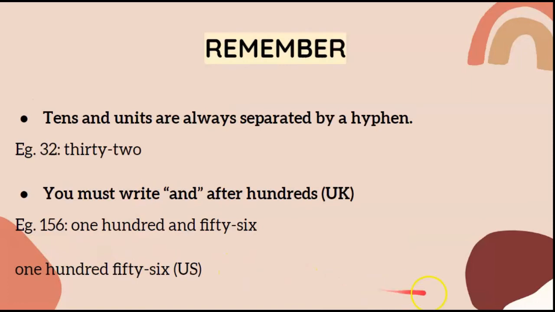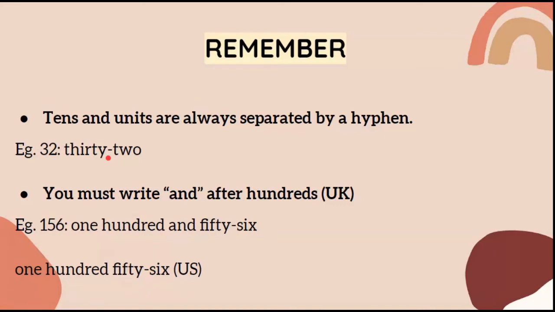Some things to remember now about this. It's important to know that tens and units, so these tens and units, are separated always by a hyphen when we write the number, yes?